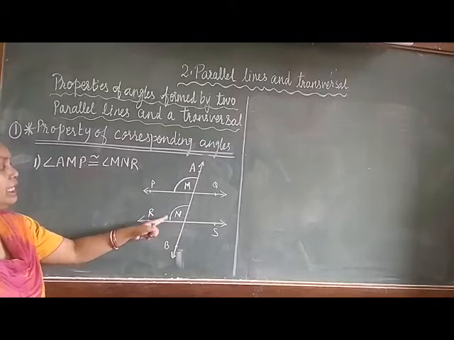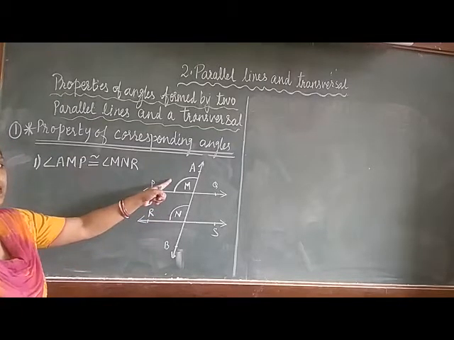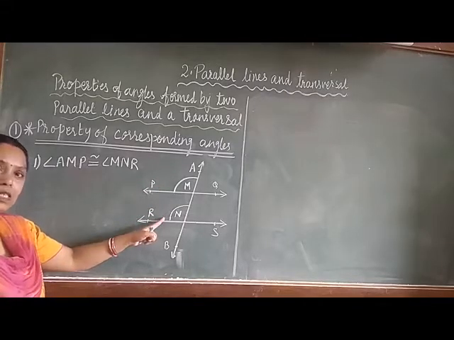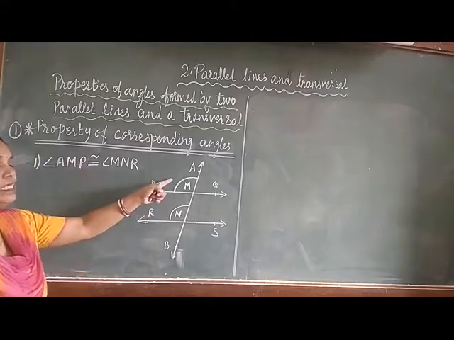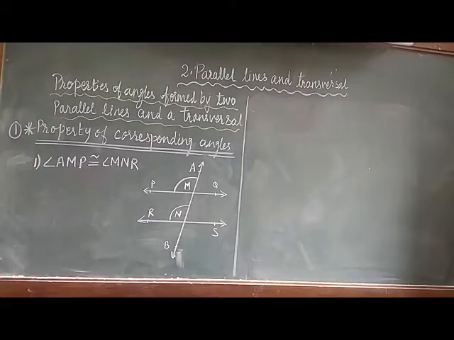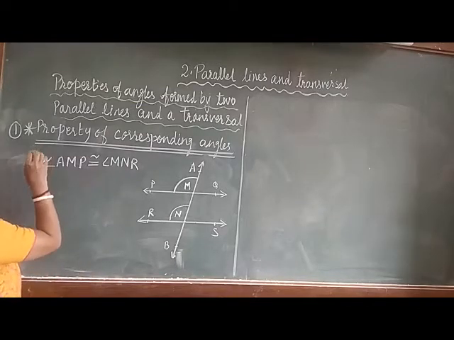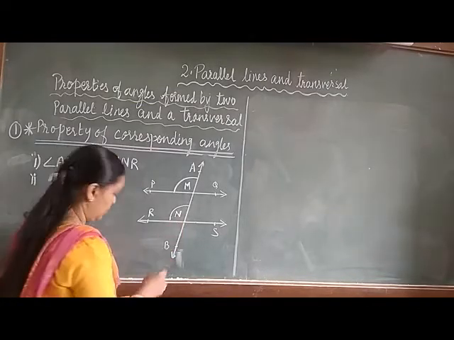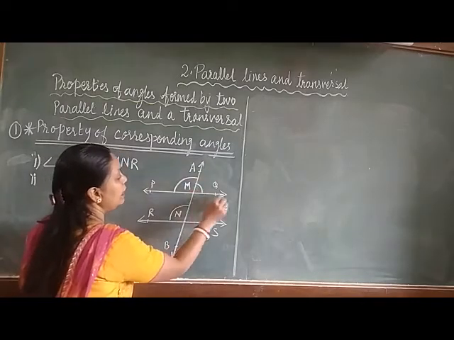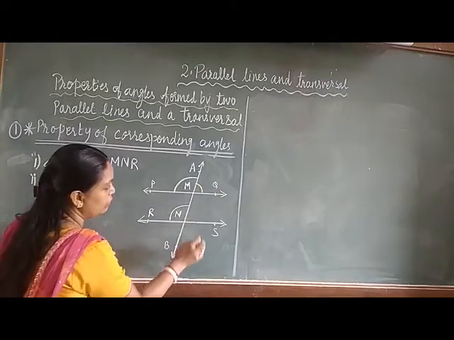Okay. So according to the property, a pair of corresponding angles are congruent. What does it mean? If the measure of this angle is 110 degrees, the measure of the corresponding angle will also be 110 degrees. If it is 130 degrees, it will be 130 degrees. Now, the next pair, the second one. Suppose I take this angle, angle AQ, is congruent to which angle?